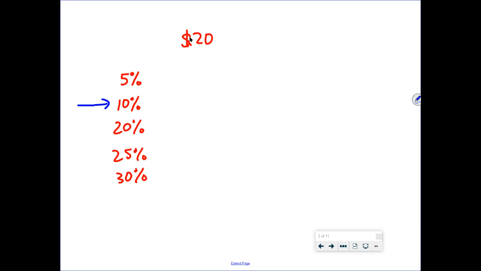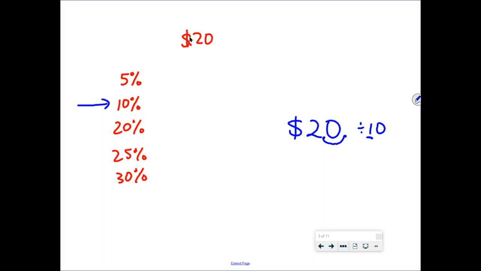Finding 10% is kind of like dividing a number by 10, because 10% is 1/10 of 100. When you divide a number by 10, all you do is move the decimal point over one time. Dividing by 1 does not change the numbers, but if you're dividing by 10, you're making it smaller.